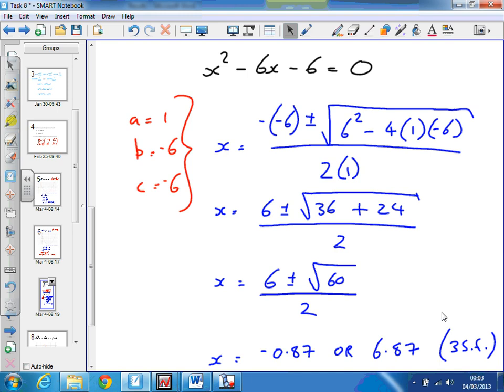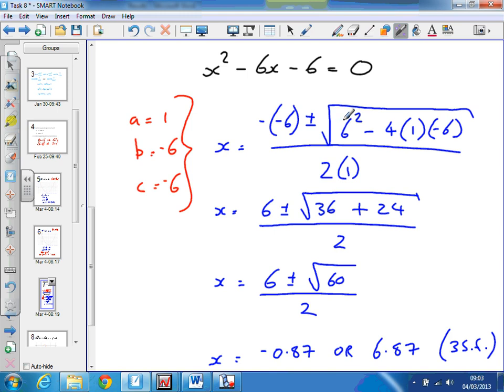Just a quick note then on this. So the quick solution, list what these things are, a, b and c. Be careful of the negatives when you're putting them in, minus or minus. I wouldn't put the negative sign in the calculator because that will always lead to odd results. If I put negative 6 squared in the calculator, it gives the wrong answer.